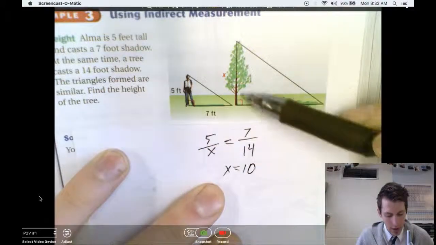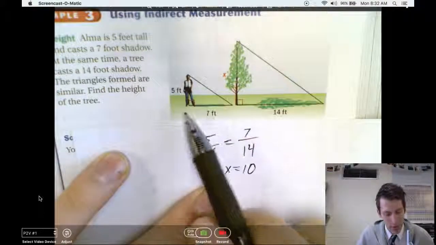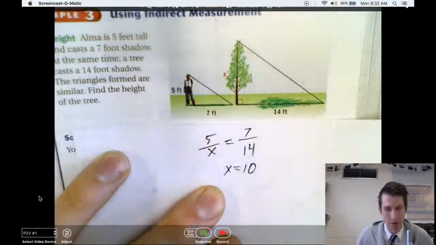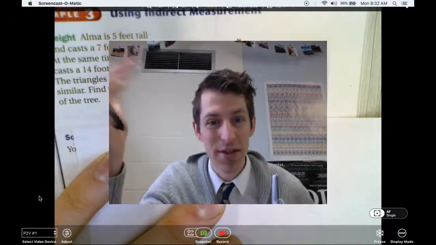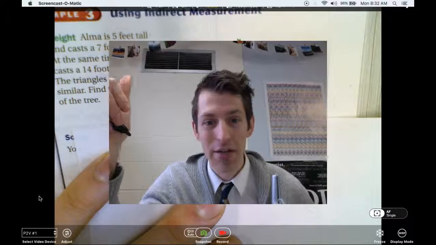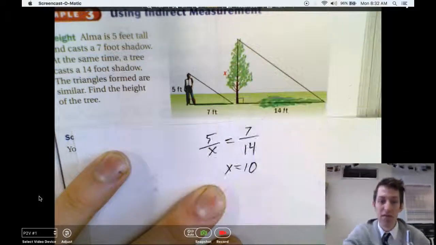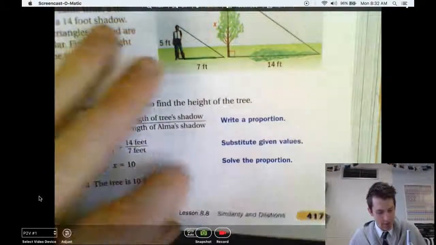You just found out the height of this tree without actually measuring the height. You would have had to measure your shadow and its shadow, and then you can find the height of it. Kind of cool. You can find the height of skyscrapers with this method, and measuring the length of the shadow, or flagpoles. So, kind of nifty. Let's see if we're right. Yes, the tree is 10 feet tall.